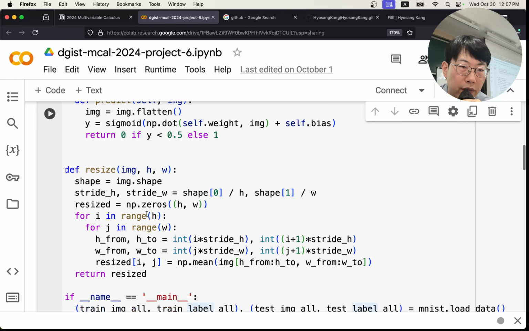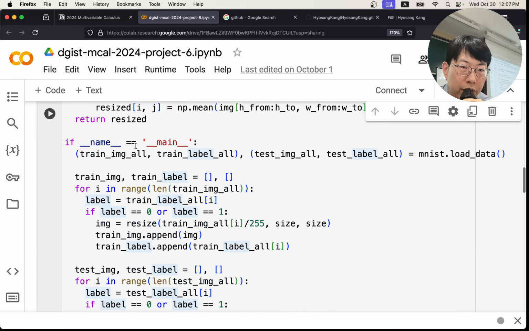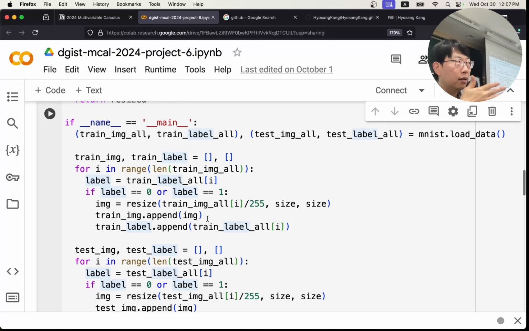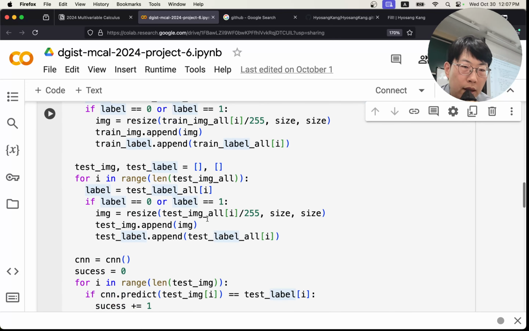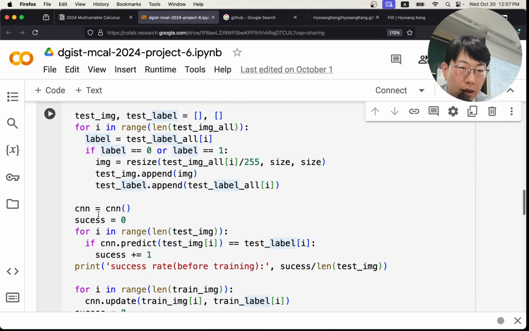So here's the resizing function. What happens is I first take the training and testing images, and then I sort out the images only for 0 and 1. That's what I'm doing here. And then I create the neural network, and when you first create a neural network, all the variables are randomly assigned, so there's no real prediction going on.